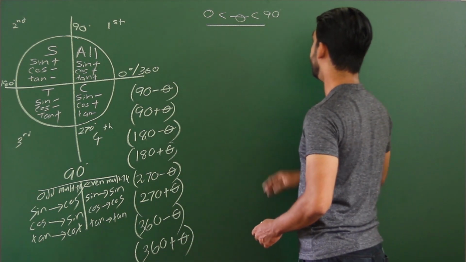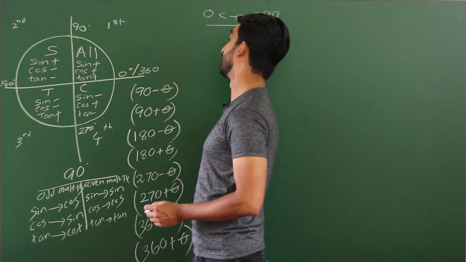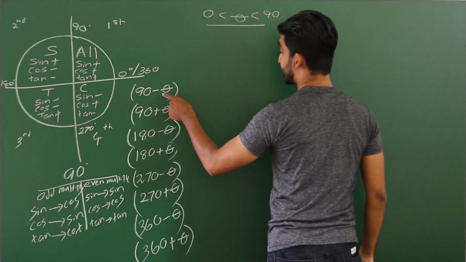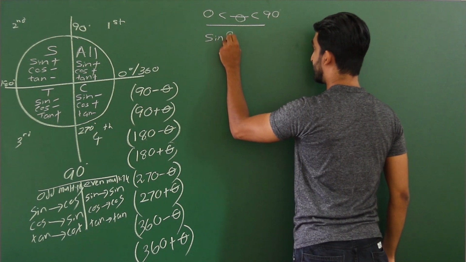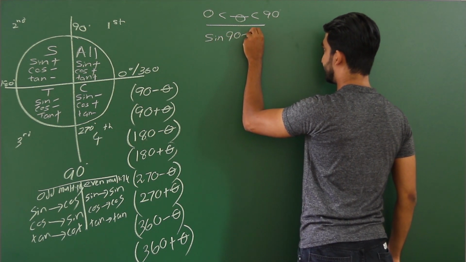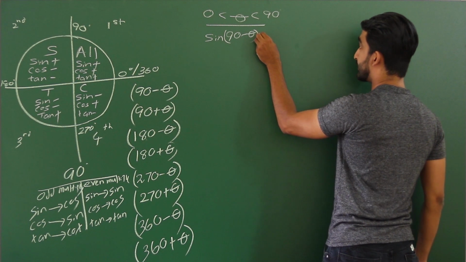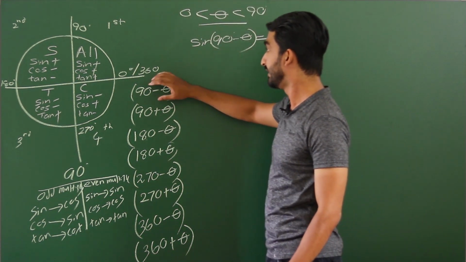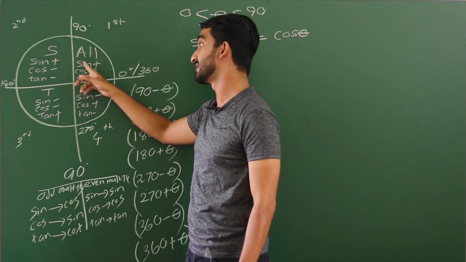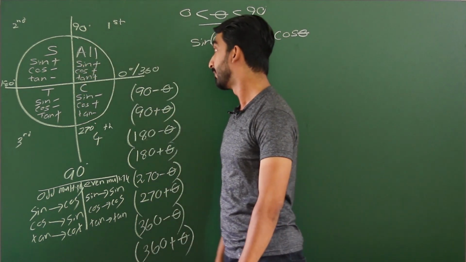Now if you consider the first quadrant, that means 90 minus theta. Sine 90 minus theta: 90 minus theta means first quadrant, where sine, cos, tan are all positive.